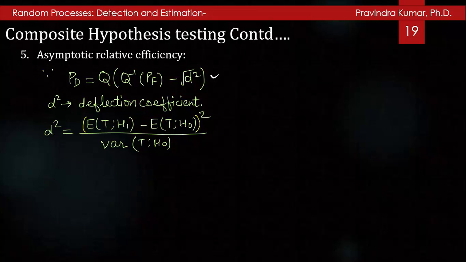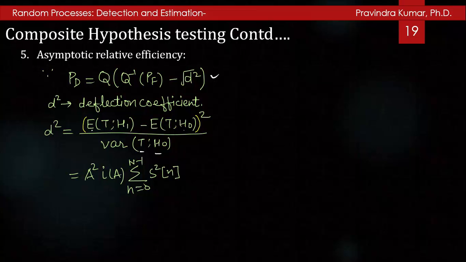The deflection coefficient can be expressed as the square of the difference between the expected value under hypothesis H1 and the expected value under hypothesis H0 divided by the variance of the test statistic under hypothesis H0. So it is (E[T|H1] minus E[T|H0]) whole square by var[T|H0], and it will be A square I(A) summation n0 to N minus 1 of s square n.